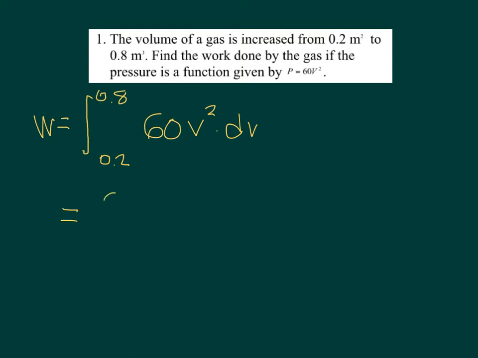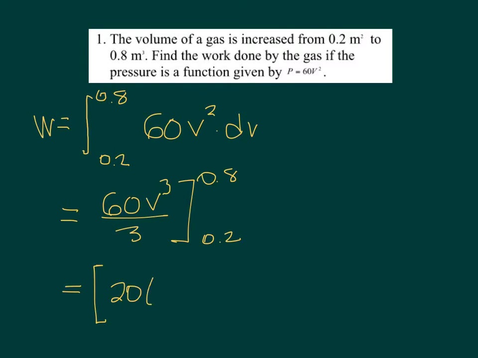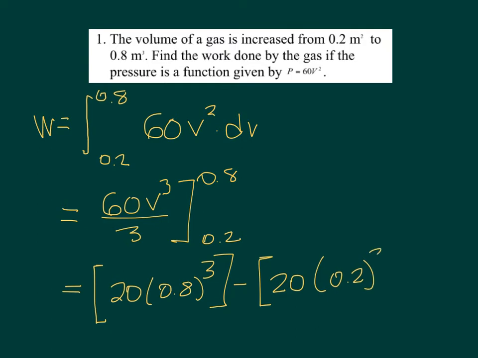By doing the integral of that, that will be 60 V cubed over 3 from 0.2 to 0.8. 60 over 3 is 20, so that will be 20 times 0.8 cubed minus 20 times 0.2 cubed.